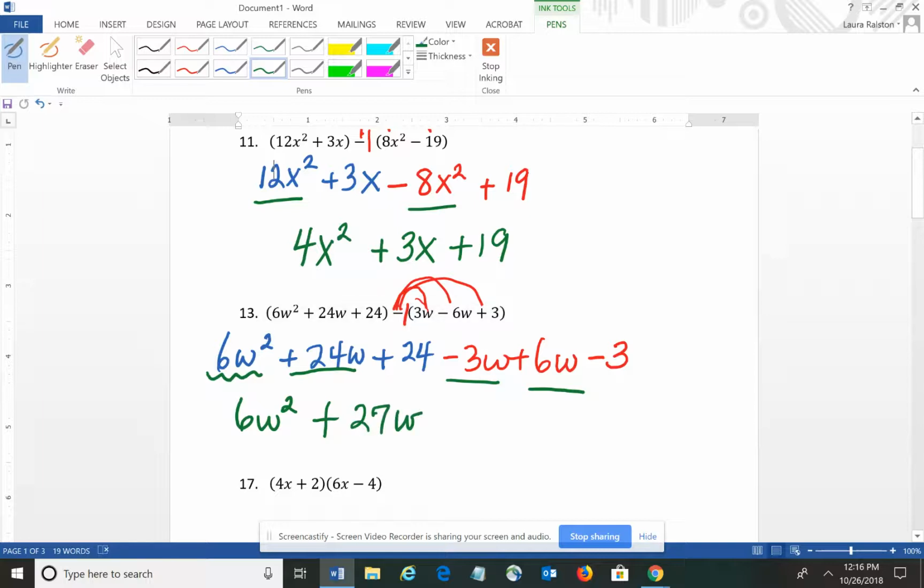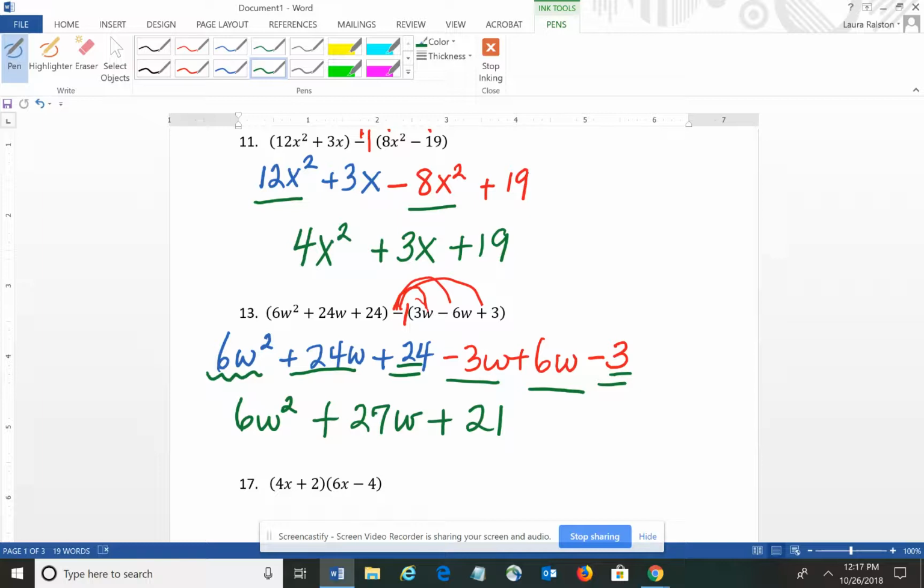And then finally, we have plus 24 minus 3. 24 minus 3 is 21. So our final answer is 6w² + 27w + 21.